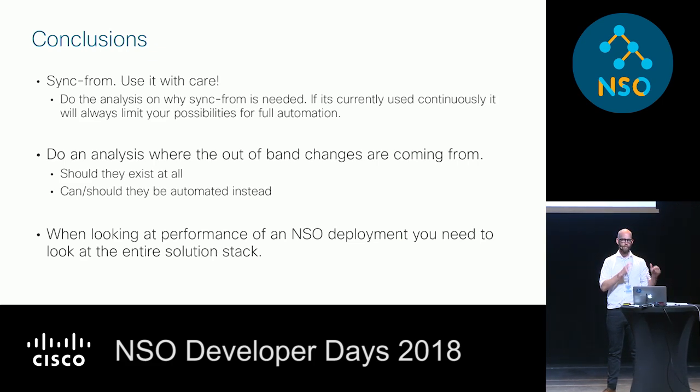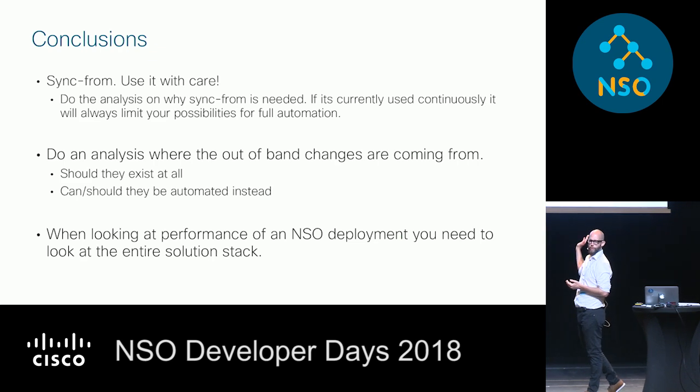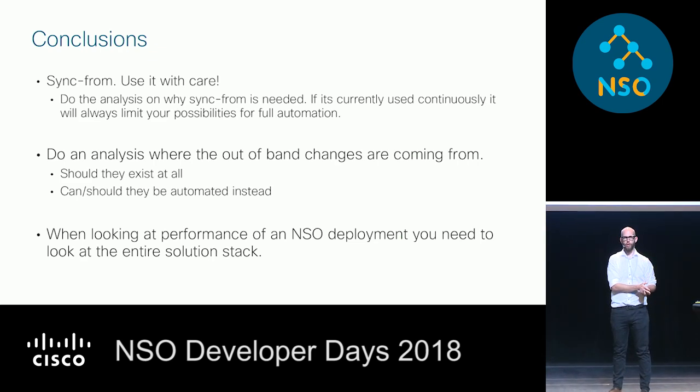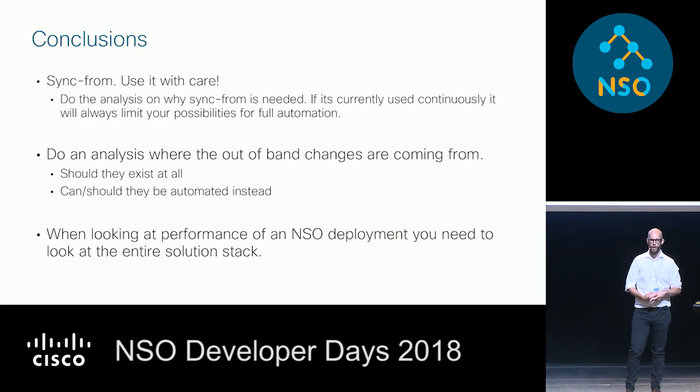It's definitely not an uncommon scenario that we see customers starting there, on that automation journey, and then continuously analyzing what out-of-band changes they have, why they have them, and whether they should be automated instead. Is it just someone you should slap on the fingers and tell not to do it, or is it something that doesn't exist at all?